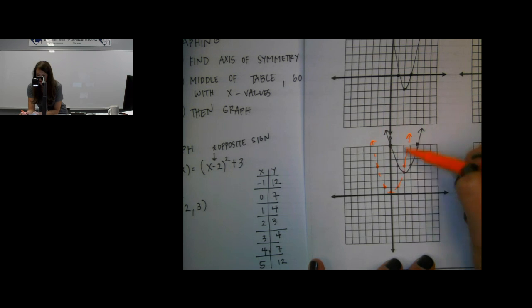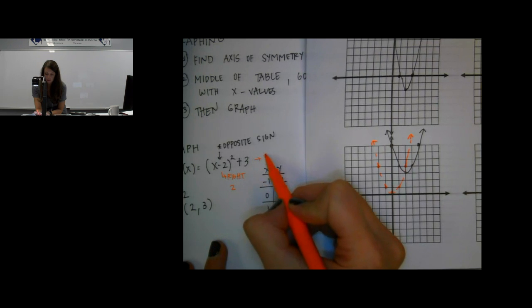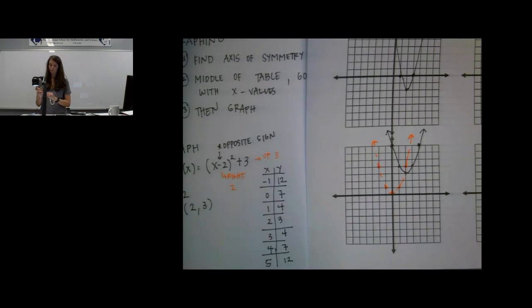So my vertex shifted to the right 2 and up 3. That's the reason we talk about shifts, so that you can see how it moves left, right, up, and down. Good deal?